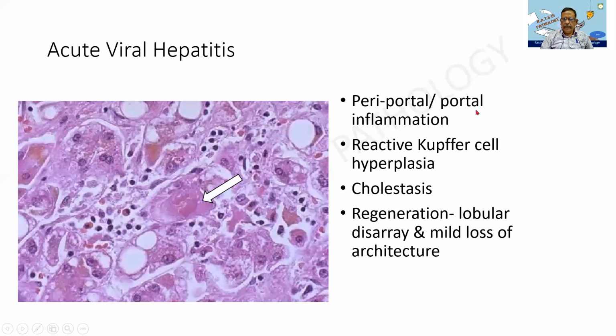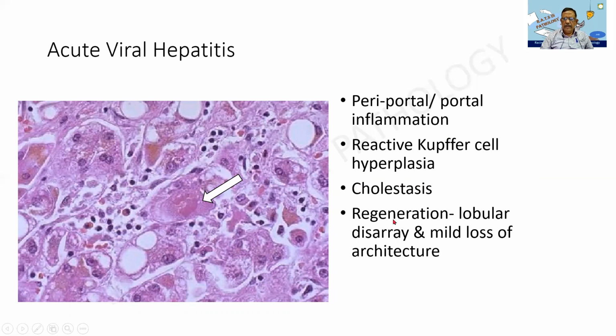Please remember this one, periportal and portal inflammation. Then there can be a Kupffer cell hyperplasia. Cholestasis, stasis of bile. In fact, this has been described as bile lakes, or there can be extensive patches of bile.